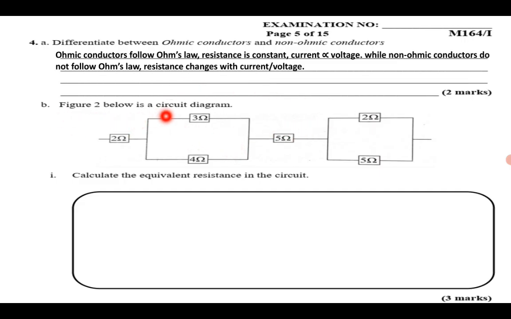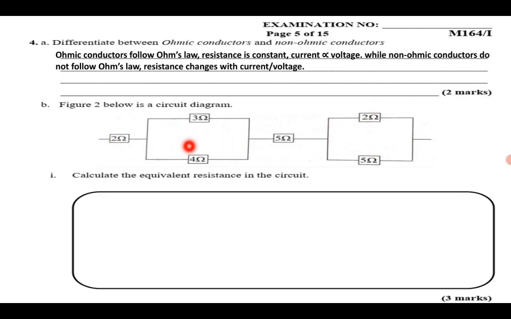Figure 2 below is a circuit diagram. So let's check the network of resistors. We have resistors that are connected to each other. We have this 2 ohm resistor connected to this parallel circuit, and then the whole band is connected to another resistor here, 5 ohms, which is also connected to another parallel circuit like that.